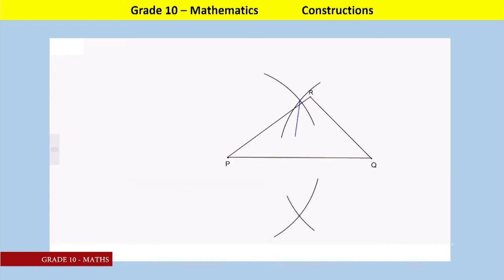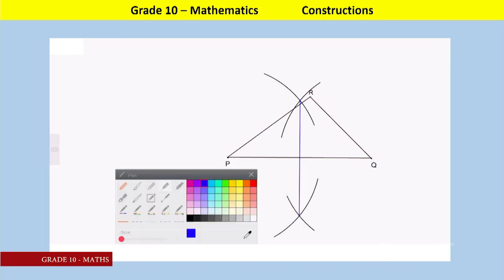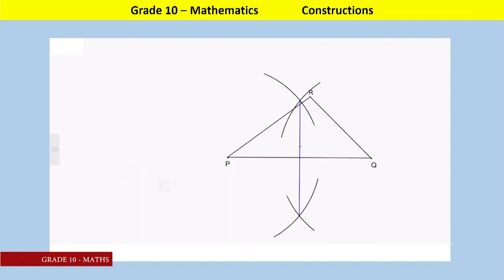Joining, we can find the perpendicular bisector. Somewhere on this line, there should be a lamp post because it is equidistant to P and Q.